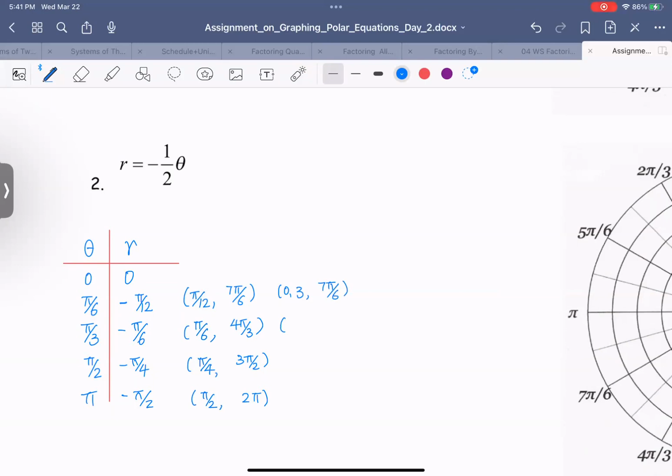And next, you can know this 1 times 2. Right, so this is going to be 0.52, and then 4 pi over 3. 然后呢，这边要用 pi divided by 4，这个 radius 变成了 0.75. And then this is 3 pi over 2. 它这个就是 1.57 了 because 3.14 divided by 2.